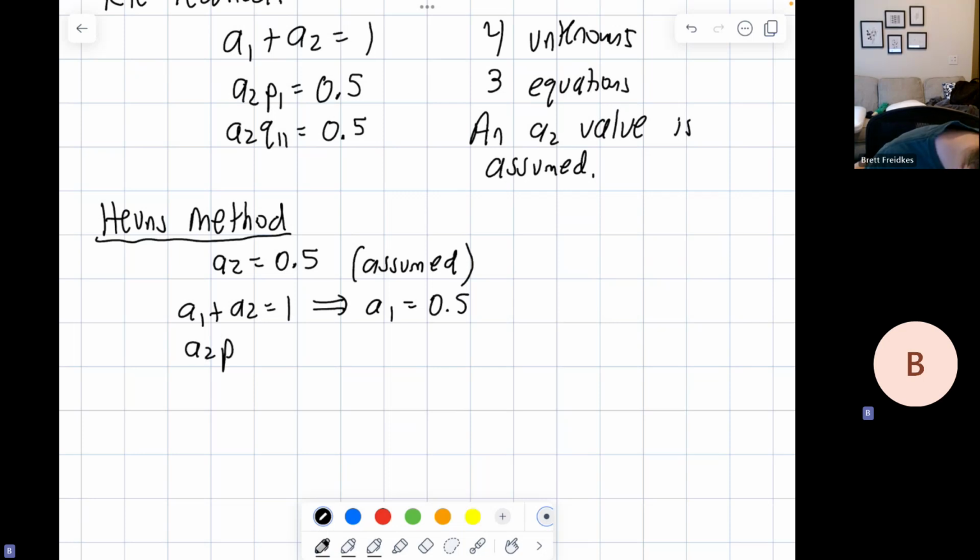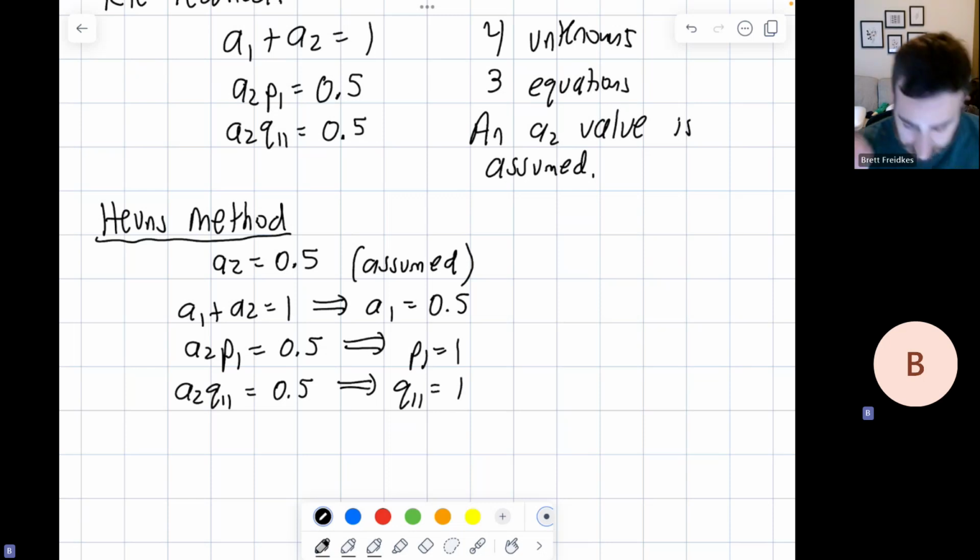We have A2 P1 is equal to a half. If A2 is a half, that will mean that P1 is equal to 1. And similarly, A2 Q11, that would mean that Q11 is also equal to 1. So we have our solutions.